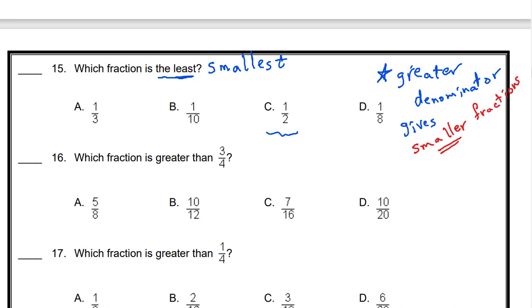So if you want the smallest fraction, search for the greatest denominator. So the correct choice is, yes. Okay, thank you, Hussein. Great work.